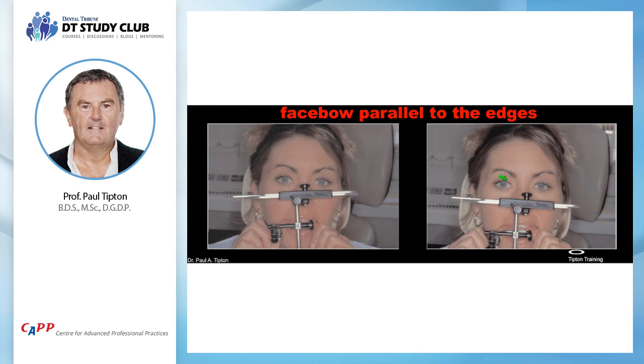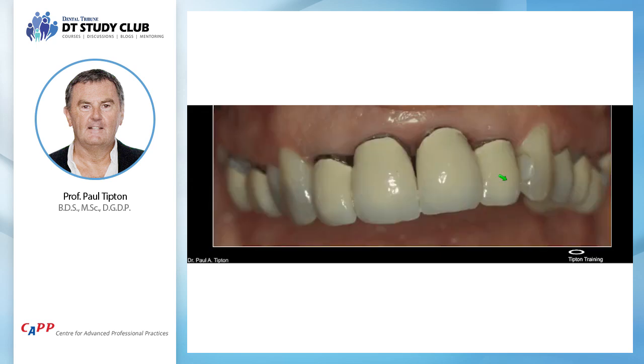Now, when our technician does the crown work, he does the crowns parallel to the top part of the articulator, and of course the top part of the articulator in this case is going to be parallel to the eyes, so the incisal edges come out exactly in the right position. Another way of doing this is by using a stick bite. So you can see those lines now. Those lines have got to line up with each other. Otherwise, we use a stick bite.